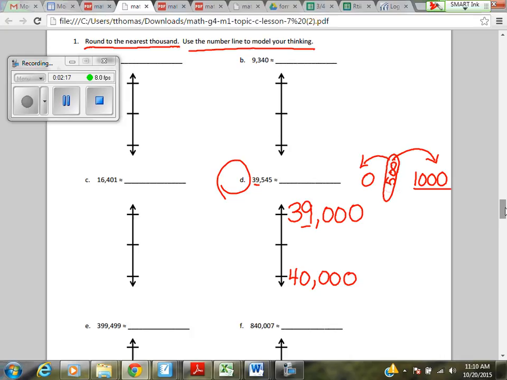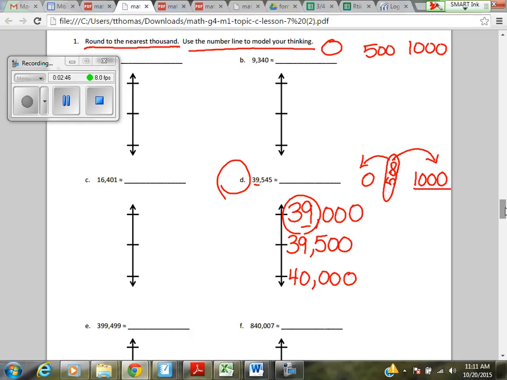And so 500 is the midpoint between the two. So because of that, we know 500 comes between 0 and 1,000, so it's going to keep the same amount of thousands, which is 39, and we're just going to write the midpoint, which is 500. Because we're only rounding to thousands in this paper, it's always going to be 0 to 1,000 with 500 in the middle.